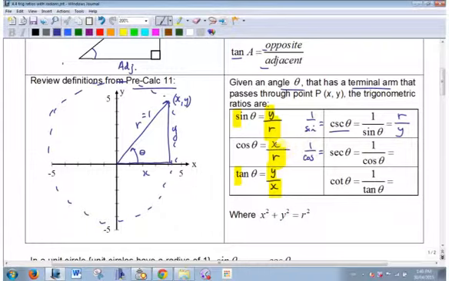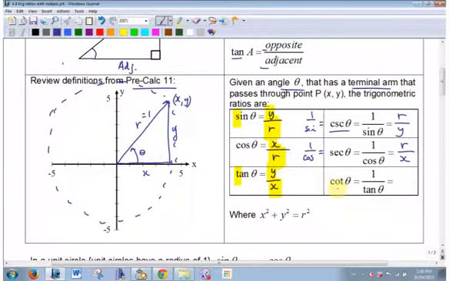And cosine is x over r, so this is r over x. Now, should you memorize this? No, that would be silly. Okay, 1, 2, 3, 4, 5, 6 different. I will tell you what you do need to memorize.